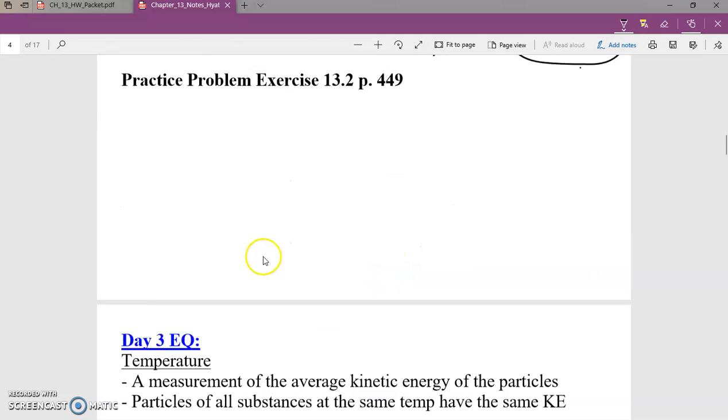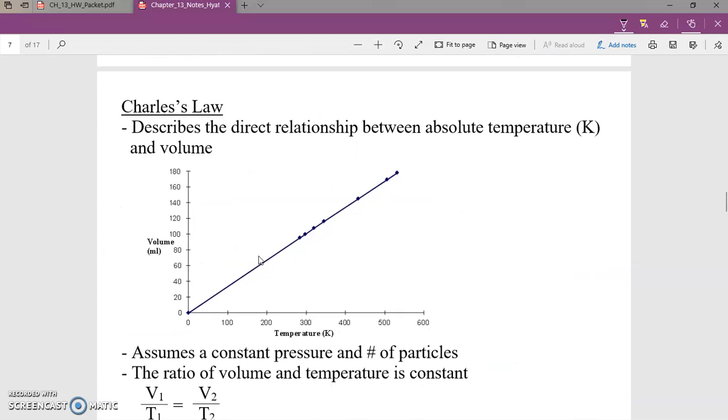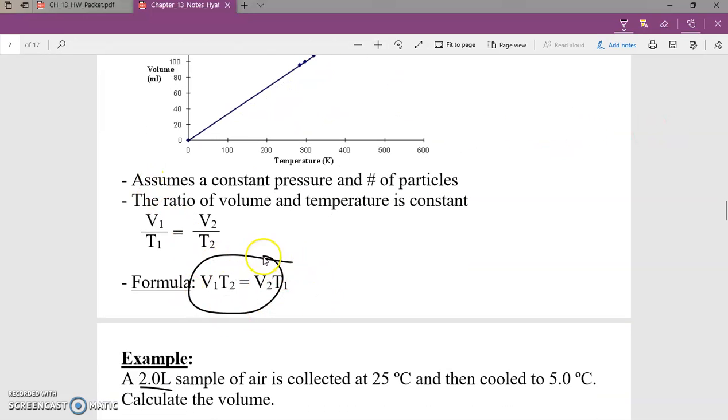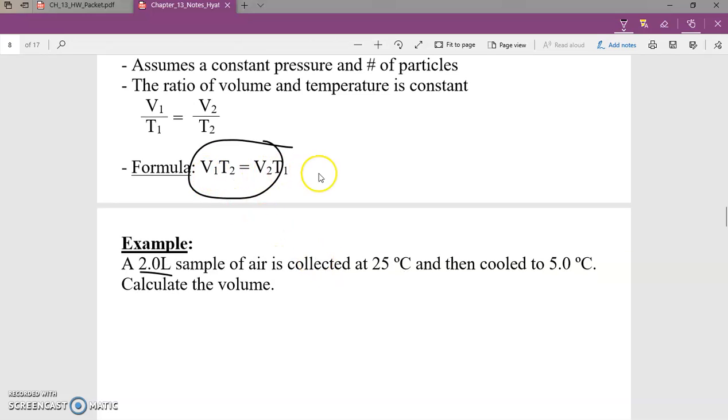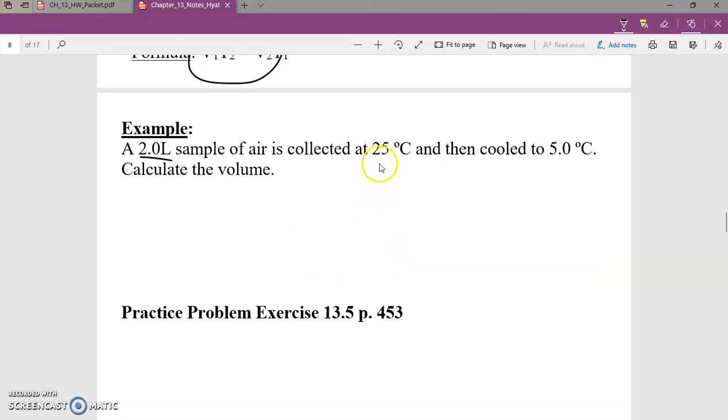Let's do another one, the one where it is Charles' law, the direct relationship between absolute temperature in Kelvin and volume. So we're going to use V1 T2 equals V2 T1, and we're given three values already, so we have to find the fourth. Simple plug-in scenario, but something's different here. We notice that degrees Celsius needs to be in Kelvin for it to work with Charles' law.